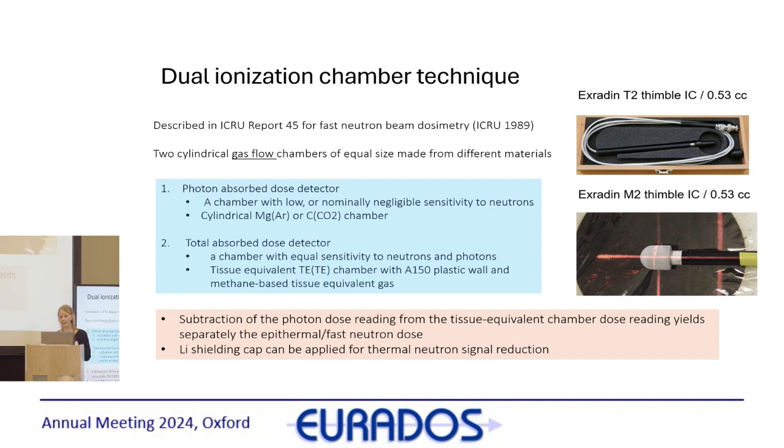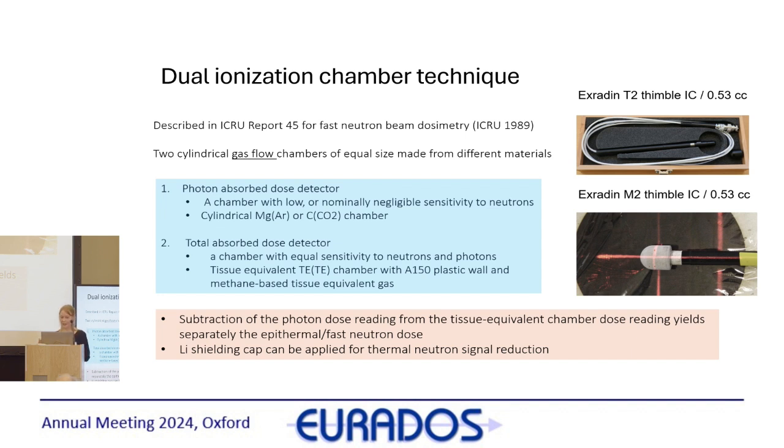However, the intention in dual ionization chamber technique is that this photon dose is subtracted from the total dose measured with the tissue equivalent chamber, and that way you can separate neutron dose and photon dose. And furthermore, if you know how much there is thermal neutron dose, you can define fast neutron dose by subtracting from the total dose the photon dose and the thermal neutron dose.